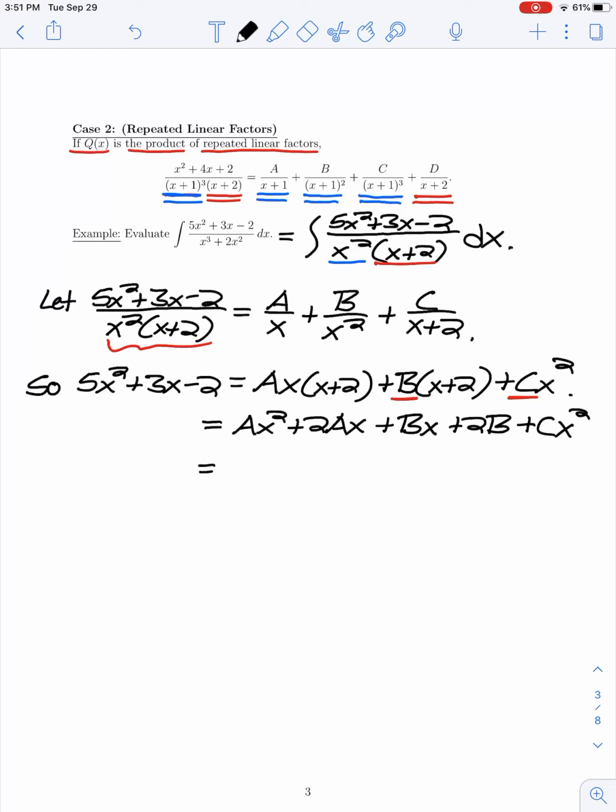And if I group like terms together, I would have (a plus c) times x squared plus (2a plus b) times x, plus 2b.